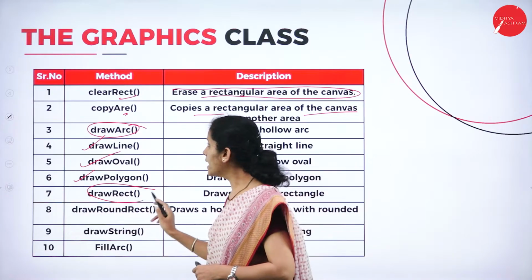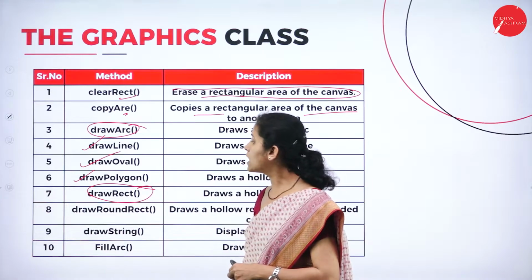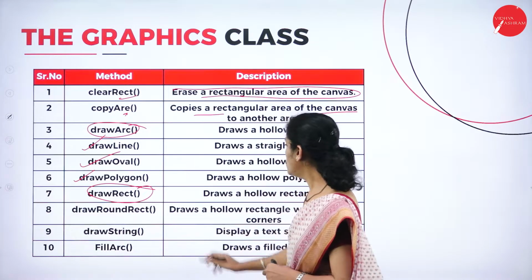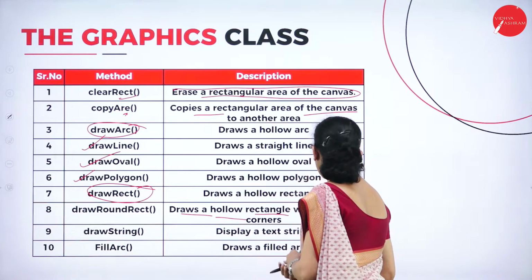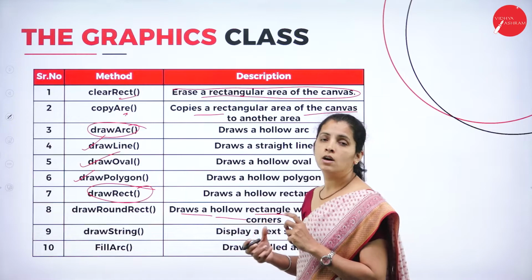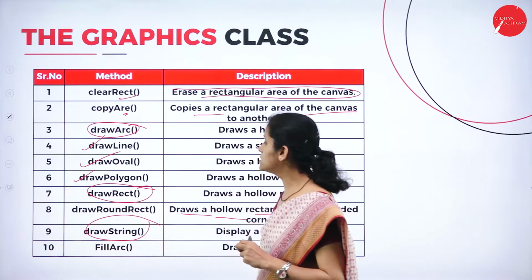To draw the rectangle, once again it is drawRect. Okay, drawRoundRect draws a hollow rectangle with rounded corners, and drawString to display the string.